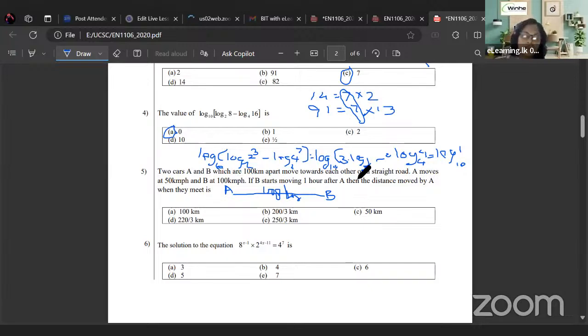They move towards each other on a straight road. A moves 50 kilometers per hour, B moves 100 kilometers per hour. If B starts moving one hour after A, then the distance moved by A when they meet.